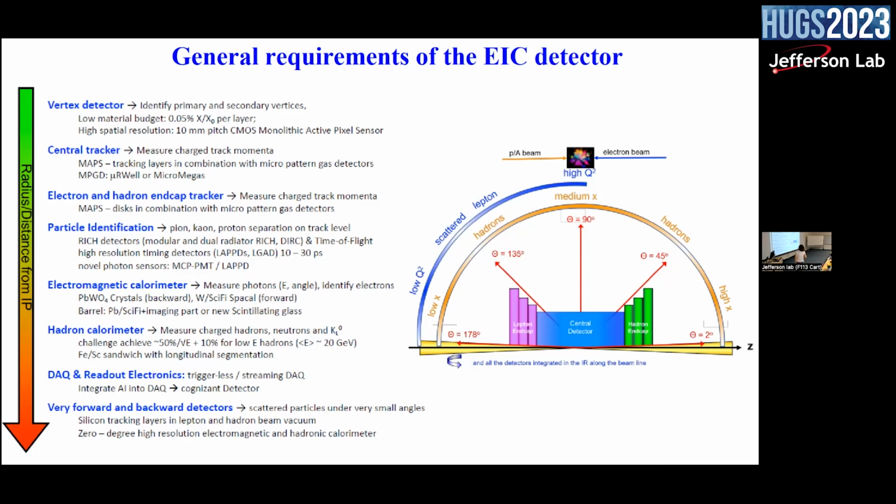So there's going to be a vertex detector, central tracker, electron, hadron, and endcap trackers, and PID is going to be done by a combination of RICH and high-resolution detectors, calorimeters, both for electromagnetic showers and the hadron calorimeter. And then there are a lot of developments ongoing for the DAQ readout. And there are also very forward and backward detectors. I will come back to that after.